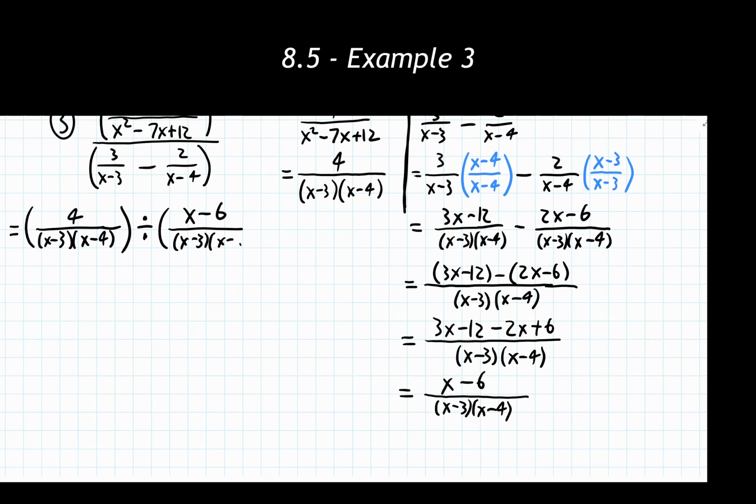And now, solving the division problem, you might be looking ahead and seeing, hey, these both have x minus 3, x minus 4 showing up in them. Something's probably going to happen with that. And if you're looking ahead and thinking on that, great. That is correct. We are going to be doing things with that. If you're not seeing that at this point in time, that's okay. It's totally fine if that's not obvious to you.